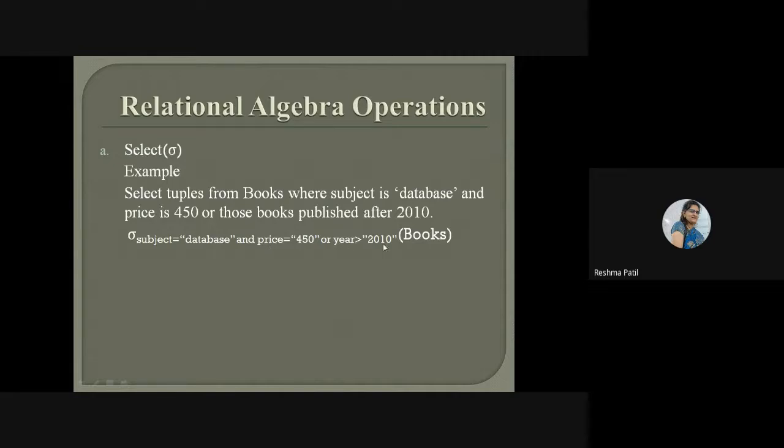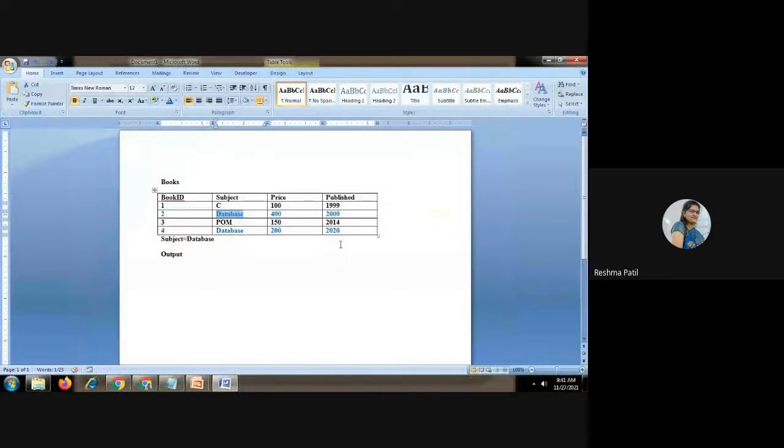For at least this part, we can show the result. We will show the year is greater than 2010 result, which are the books published in 2010 and later. So two books are there, 2014 and 2020. So this result you will get in output because of that OR condition.